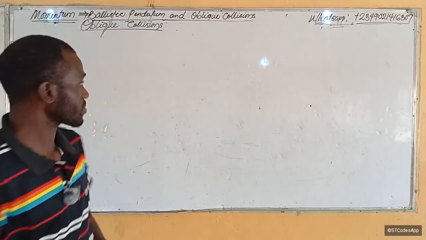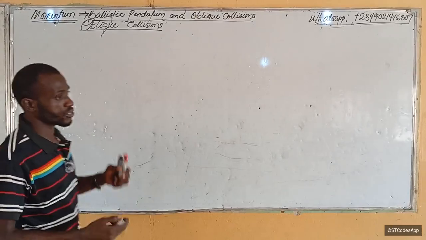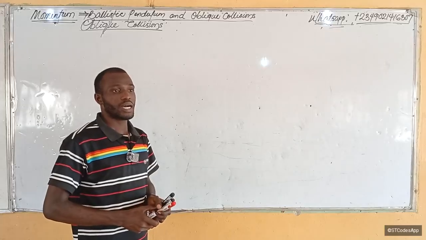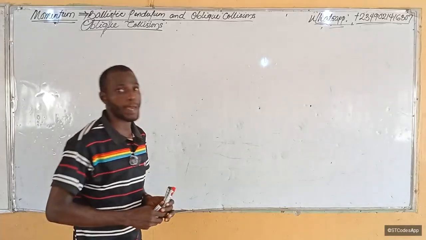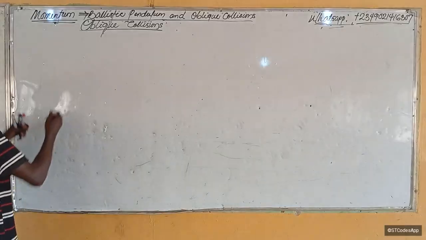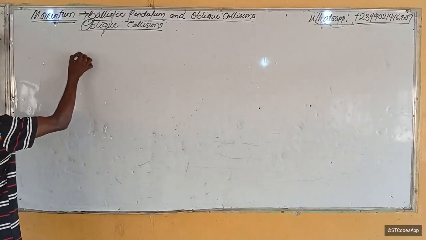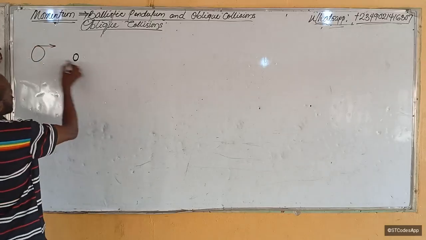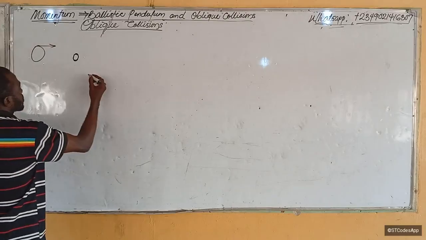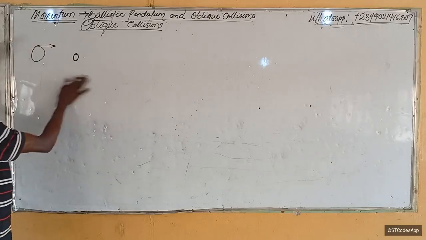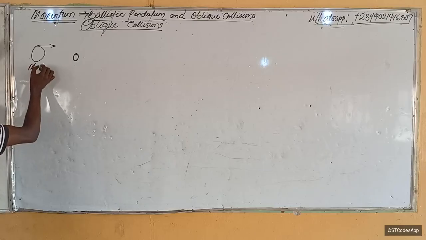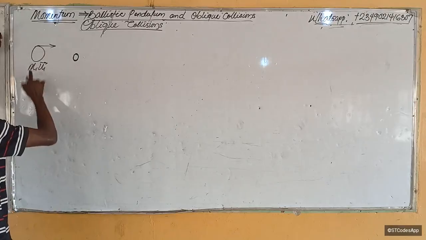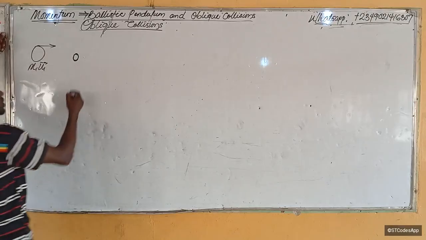Okay, now, for oblique collisions, let us start with a condition where there are two bodies, one body is resting, okay? The body is resting, another body is moving. So before collision, this body had 0 momentum, this one had momentum m1 u1, okay? m1 is moving with u1. So this is the momentum of the body.